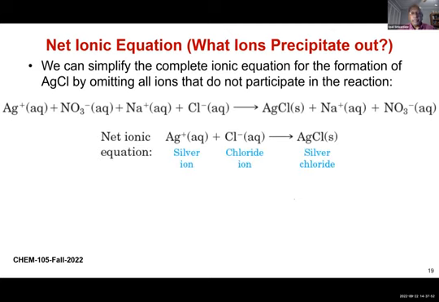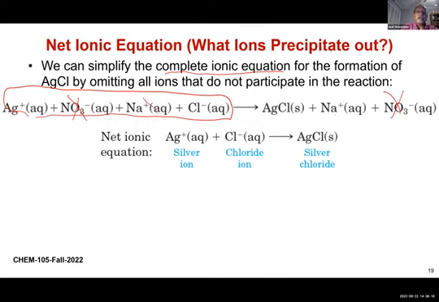To make it easy, we come up with a way to show the net ionic equation. These are the four things we added up in the previous slide. Now to simplify the complete ionic equation, we remove nitrate and nitrate here, sodium ion and sodium ion here.